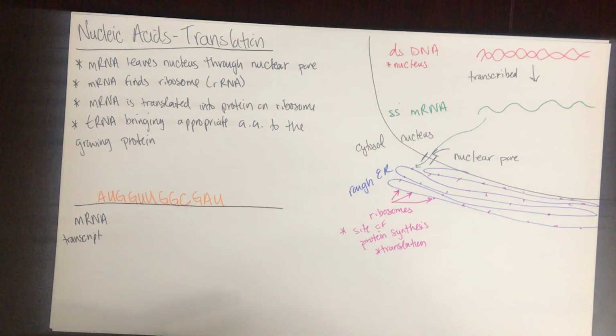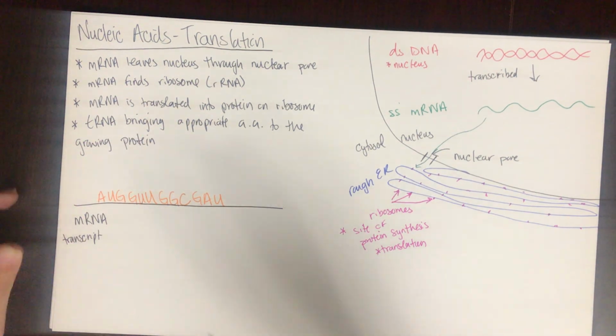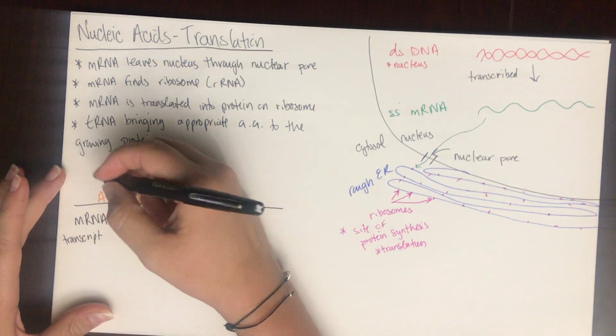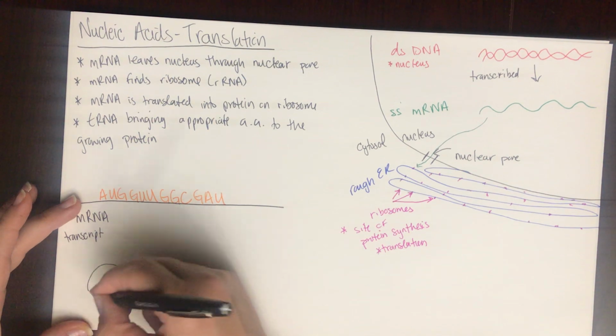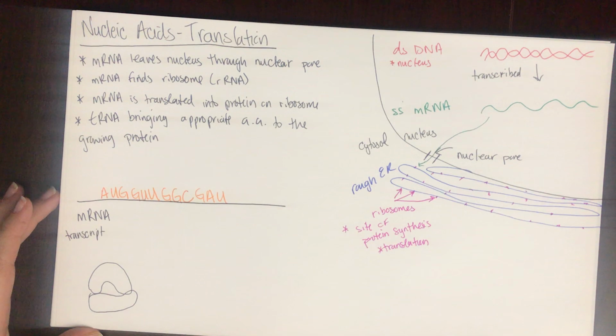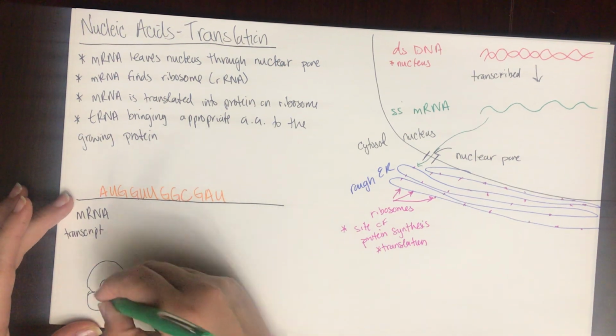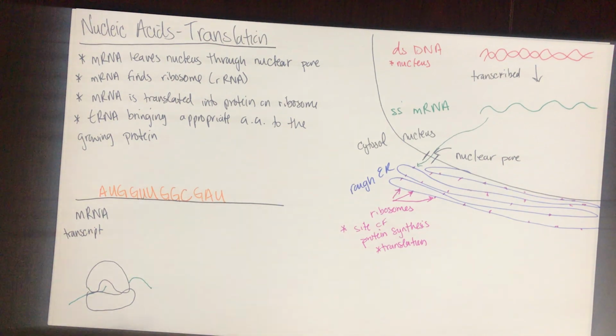What happens is this is all being threaded through the ribosome, which has two subunits. The messenger RNA threads its way through, and as it does, it gets read in groups of 3.